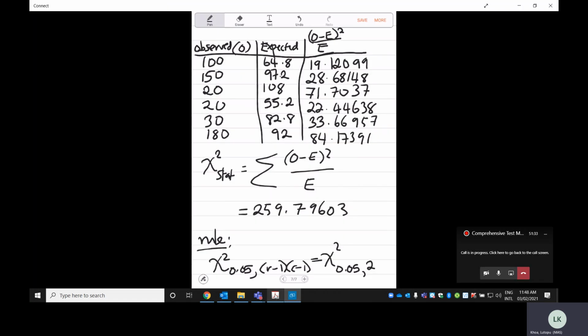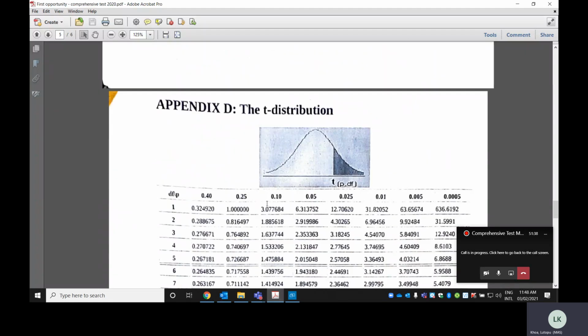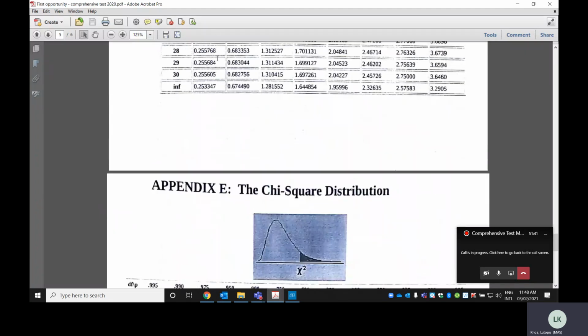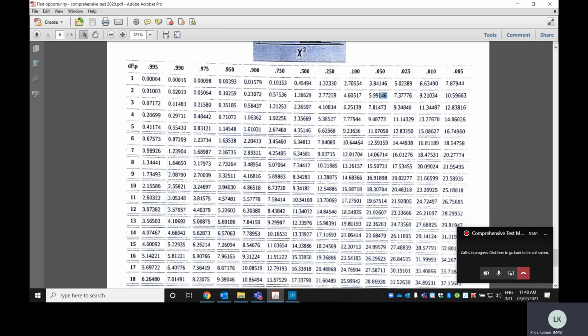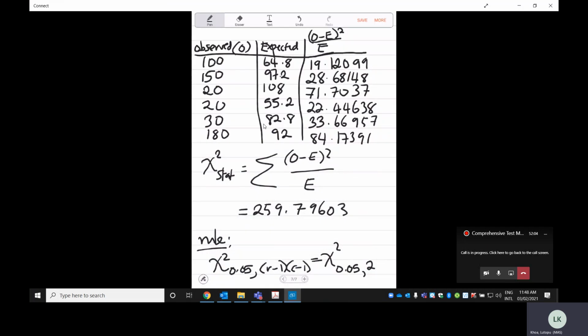Okay, and then this I get from my table. So you go to your chi-square table. You look for 0.05, which is this column, and then you look for 2 degrees of freedom. That is the chi-square value, 5.99146.